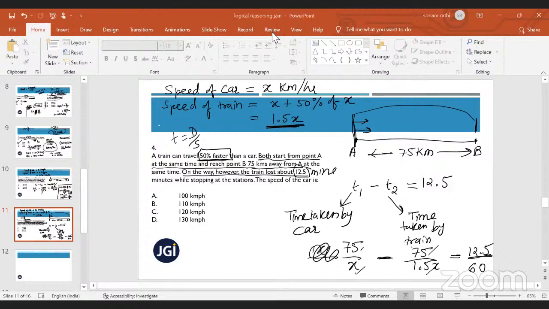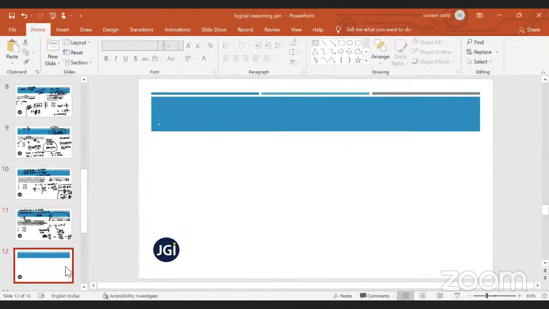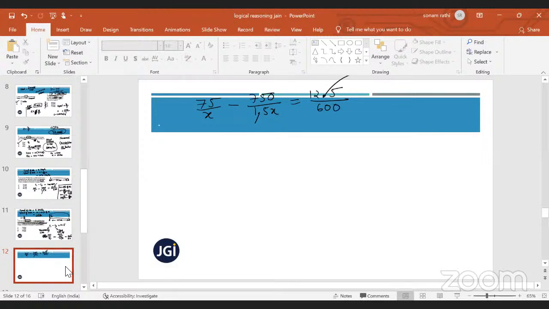Got it? Now let's do the calculation. How will we do calculation? Let's see. 75 upon x minus 75 upon 1.5x is equal to 12.5 upon 60. If I remove this decimal, I will get 10 in the numerator. If I remove this decimal, I will get 10 in the denominator.